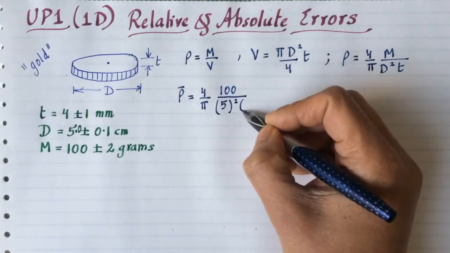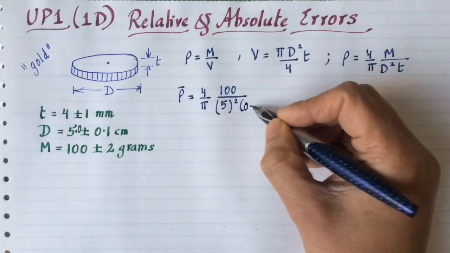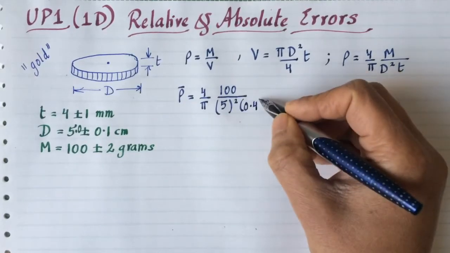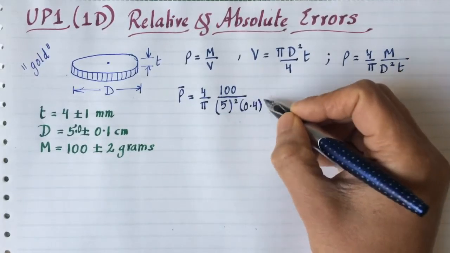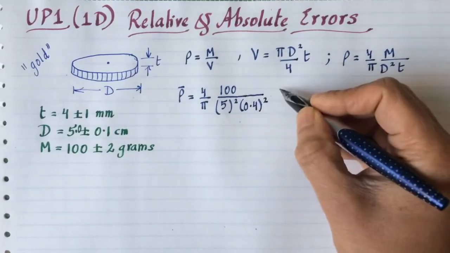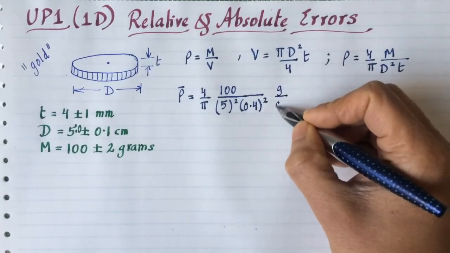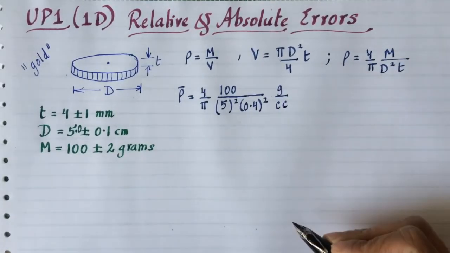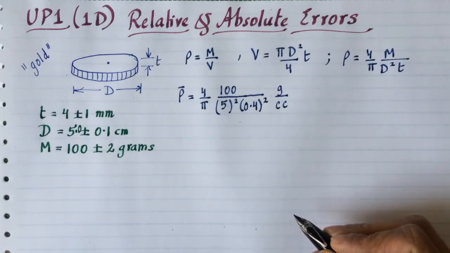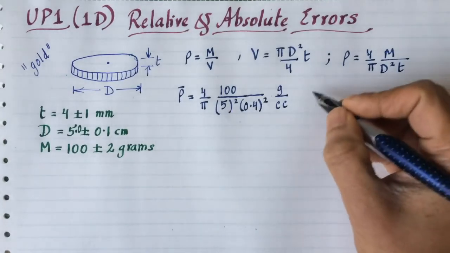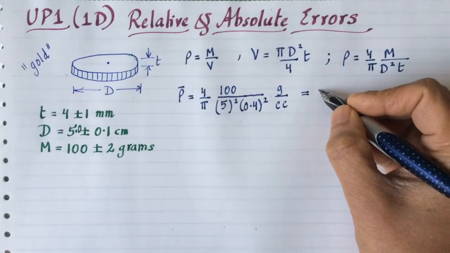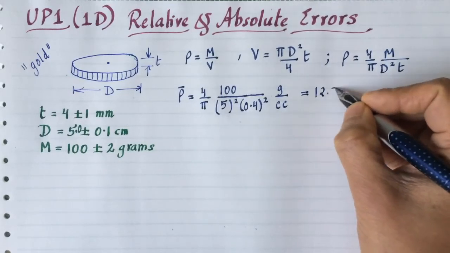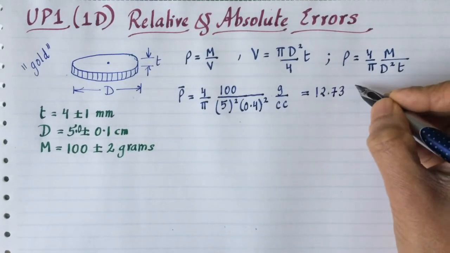And the thickness is 4 millimeters, so be careful to convert it to centimeters first. And then I have grams per cubic centimeter, which I'll write as cc. Now if I use a calculator, I can figure this out. The answer is 12.73 grams per cc.